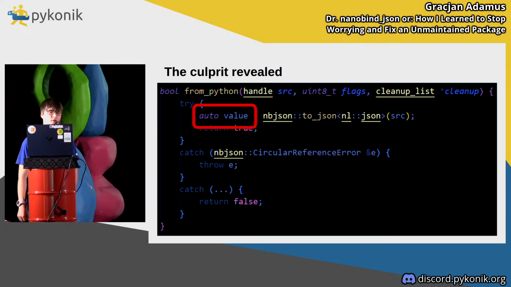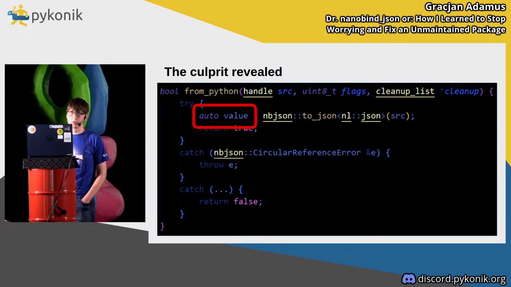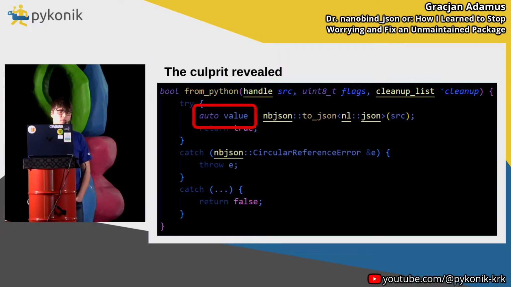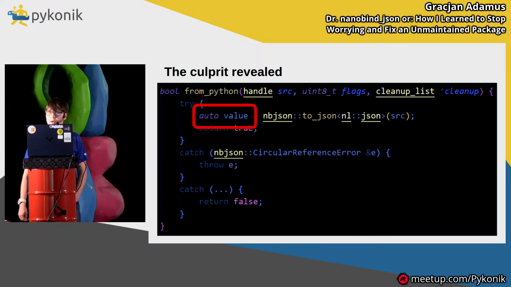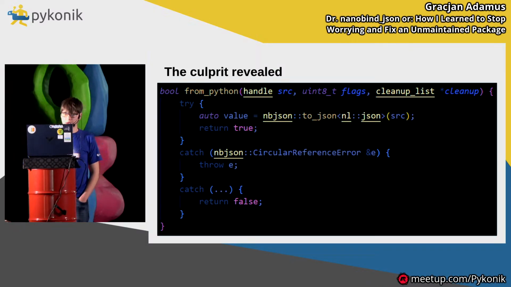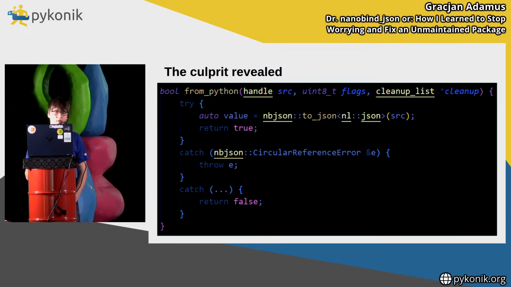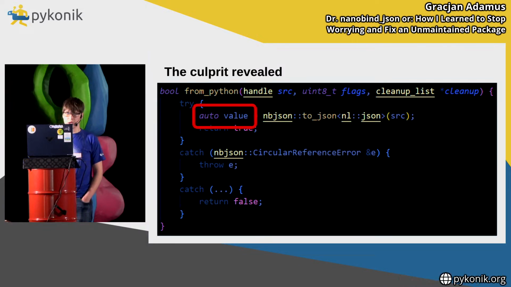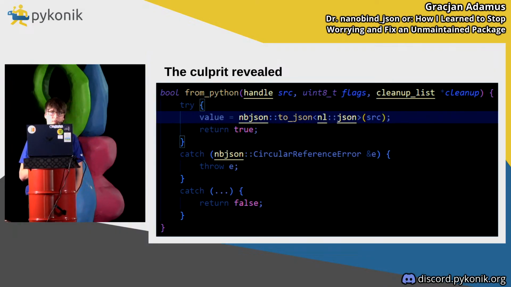It's this part here. Because what autoValue does is it creates a local variable called value with some type. But in the scope of this function, we do not return it anywhere. Why? Because the code should look like this. We shouldn't create a variable value.